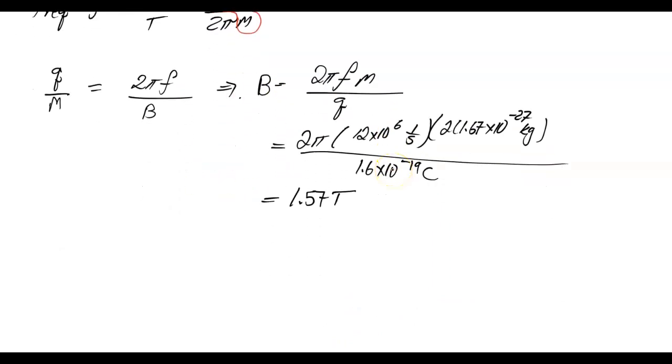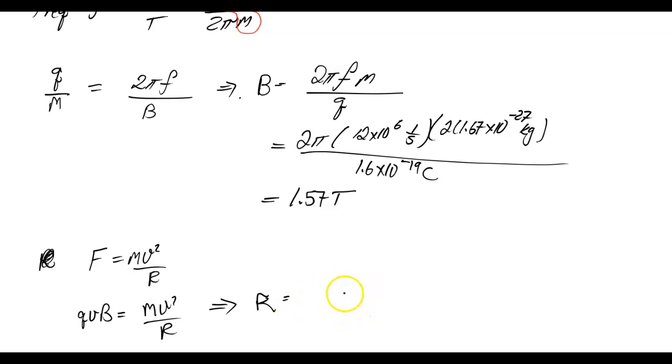And now we've also seen from F equals mv squared over r, that qvB equaled mv squared over r, which means that, or better yet, v equals r q B over m.